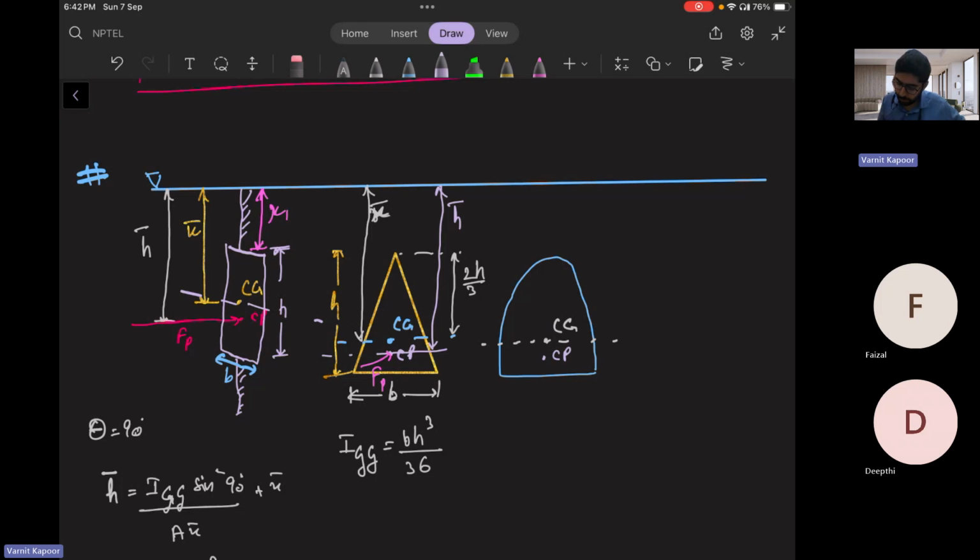Again, the distance of CG, x bar, is nothing but x1 plus, and this distance is your x1.